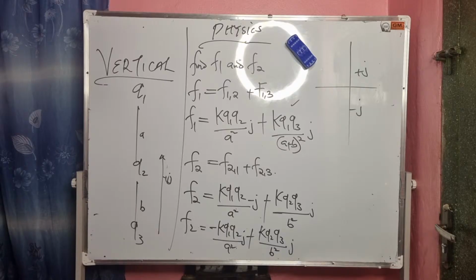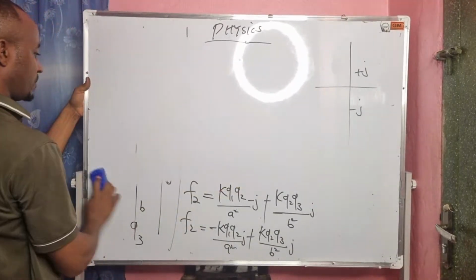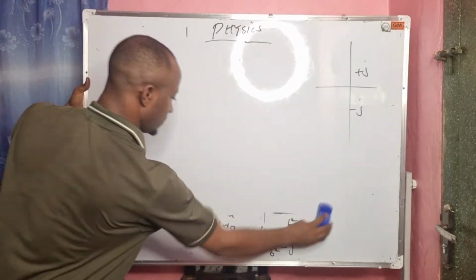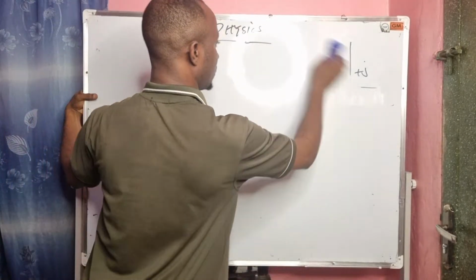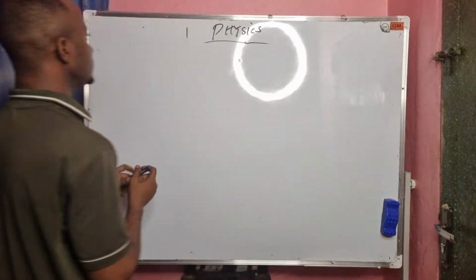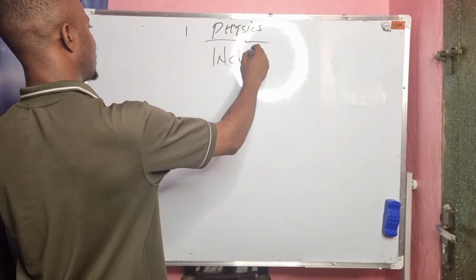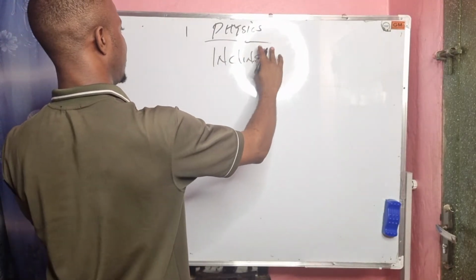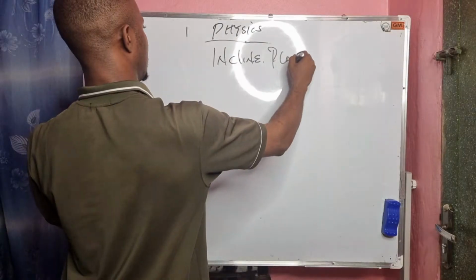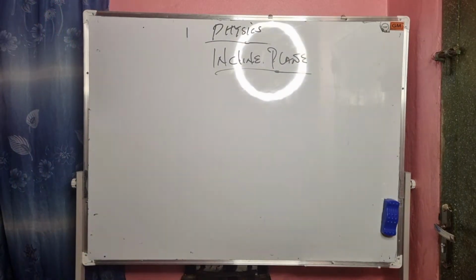All right, so let's finish up. The next is if we have an inclined plane, or if two charges are placed along an incline.